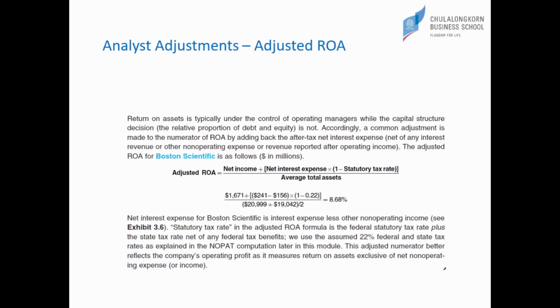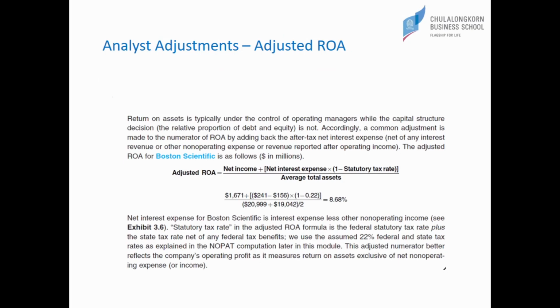So it's going to be from the hierarchy. Common adjustments are made to the numerator of ROA by adding back the after-tax net interest expense, which is net of any interest revenue or other non-operating expense or revenue reported after operating income. So we can calculate the adjusted ROA using this formula, and we get 8.68.